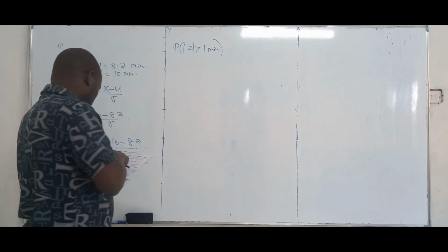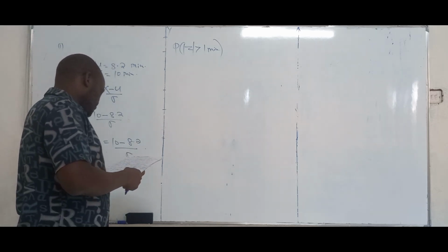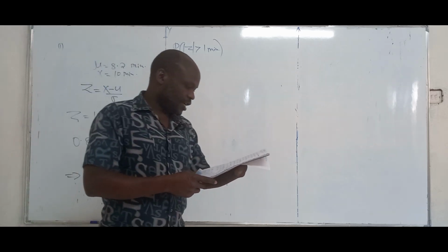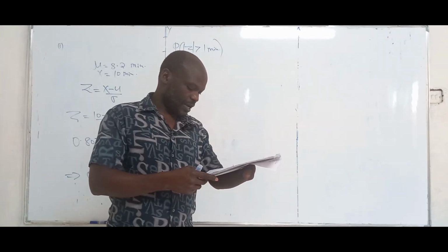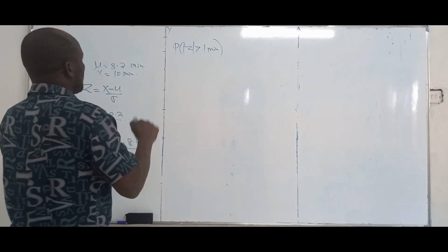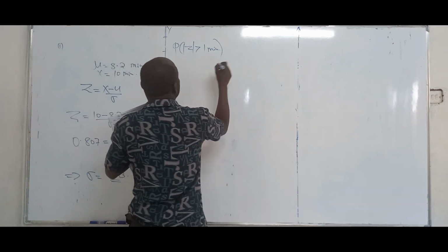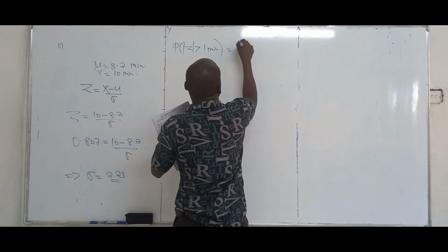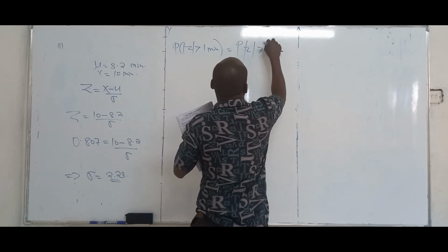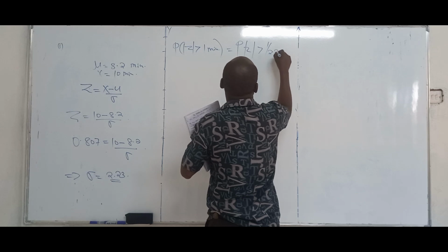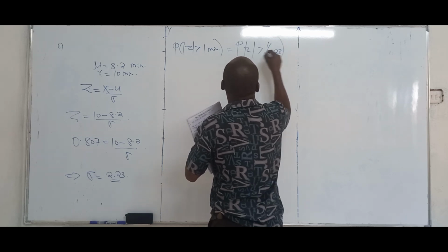Find the probability that the time spent visiting this dentist by a randomly chosen person deviates from the mean by more than 1 minute. So this can be the probability that we have 2.23 as such.